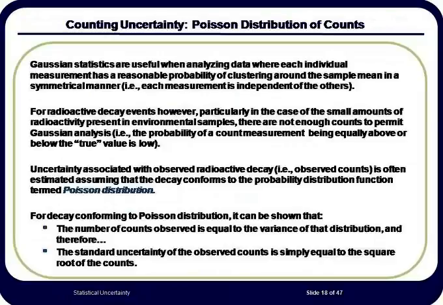Radioactive decay, and consequently the number of counts observed, follows a different probability distribution called the Poisson probability distribution. It can be shown that for this distribution, the standard uncertainty of the observed counts is simply the square root of those counts. Simply stated, for an individual count, the standard uncertainty is the square root of the number of counts.